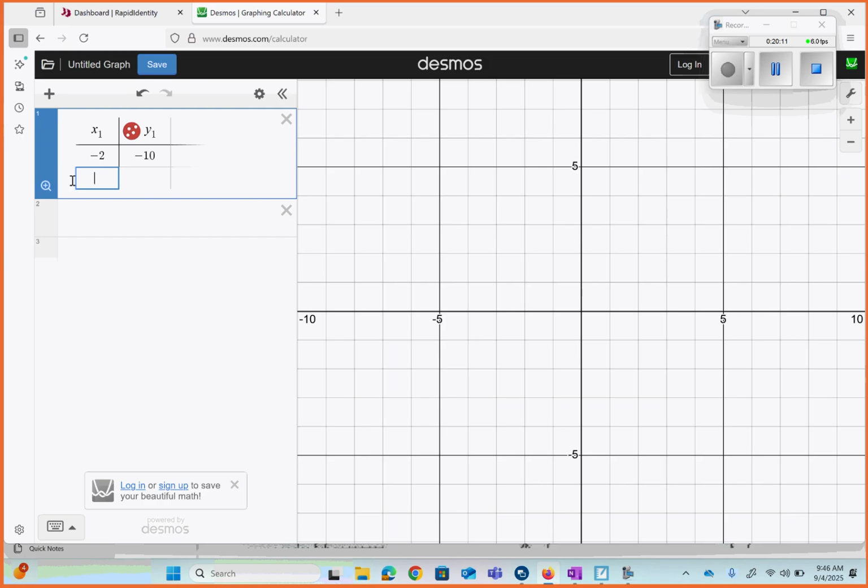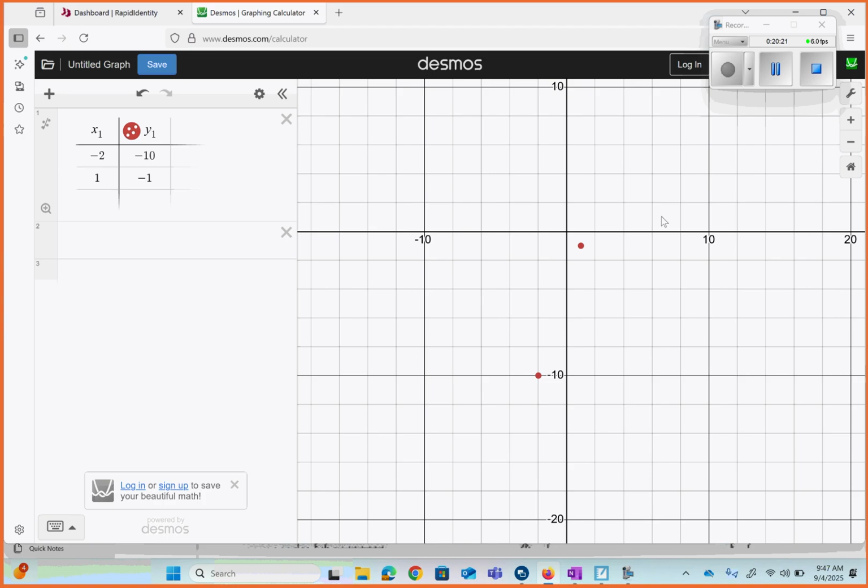And then 1 comma -1. And if I could just take this out a little bit. Can you guys see your 2 points? Desmos will work this problem out for you, which is cool.